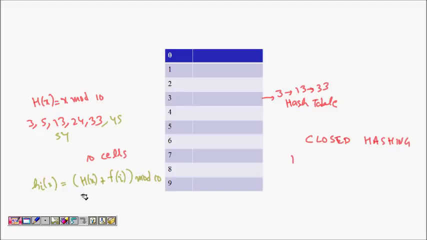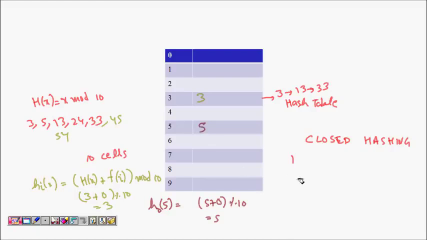What happens when I insert 3? 3 plus f of 0, which is 0, mod 10, is 3. So 3 is inserted here. For 5, h0 of 5 is 5 plus 0 mod 10, so it's 5. It comes here.